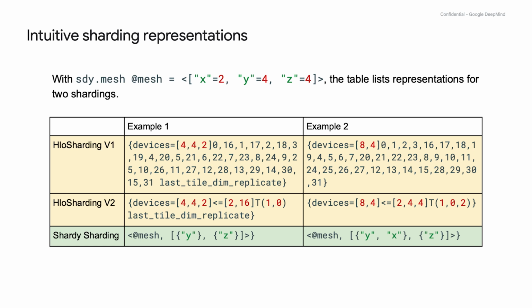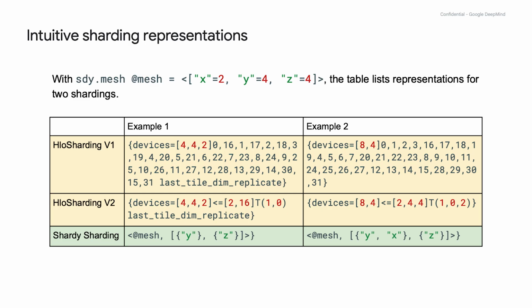It's easy to see that the only difference is that sharding 2 has an extra sharding axis X along the first dimension. In comparison, it's very difficult to visualize this difference in the HLO sharding, in both V1 and V2. This advantage helps us simplify our implementation and mitigate several issues in the original GSPMD system, since it's much easier for us to handle axes instead of device arrays and so on.